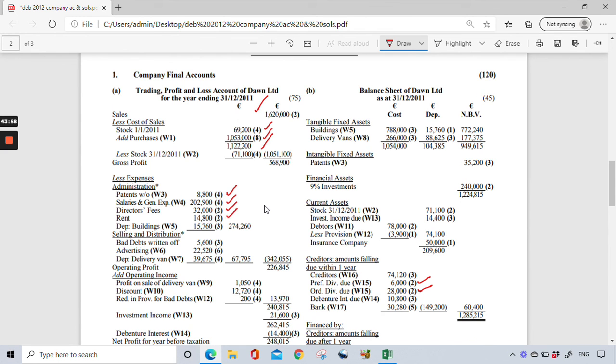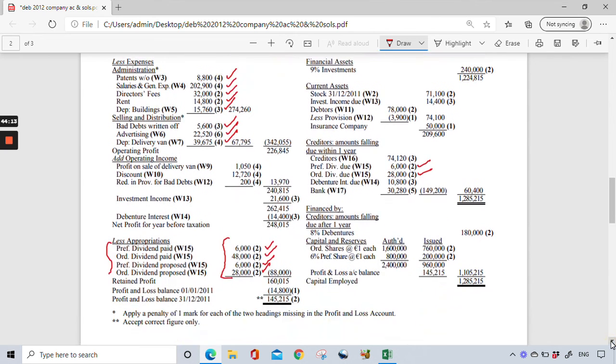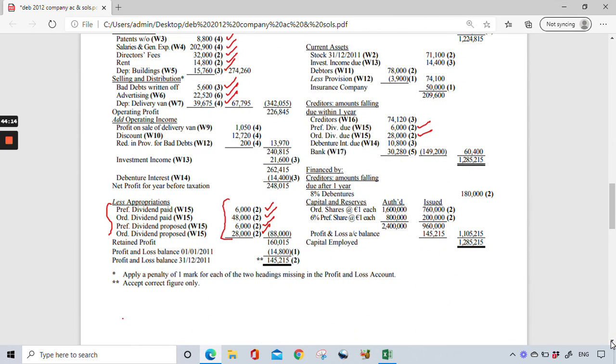Rent comes from the trial balance. We worked out depreciation on buildings. Bad debt written off, we worked out. Advertising, we worked out. Depreciation of delivery vans, we worked out. Moving down. Profit on sale of delivery van, we worked out. Discount, we worked out. Reduction in provision for bad debts, we worked out.